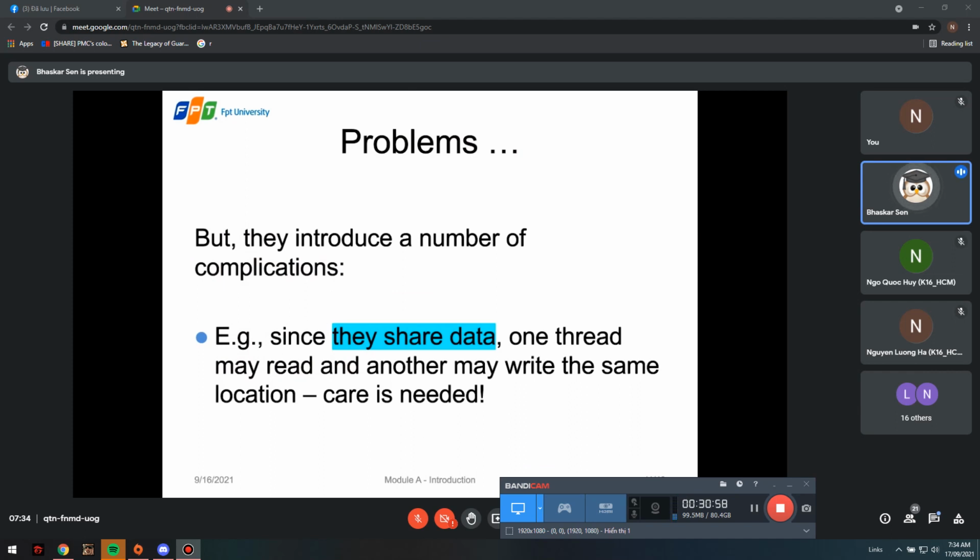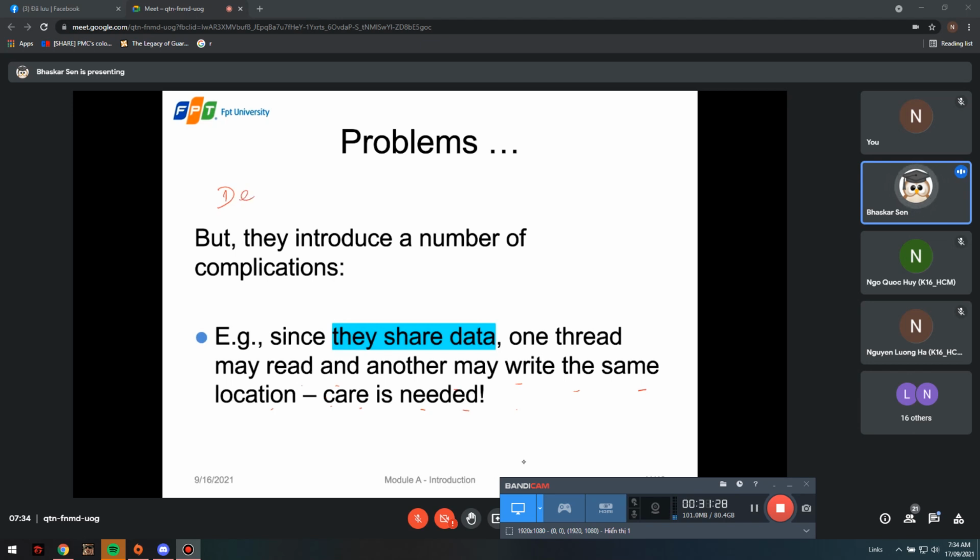One of the problems that I was talking about when I mentioned that they share data is a race condition. And that is what they're hinting at. There are a number of complications. Since the data is shared, one thread may read and another may write the same location, so synchronization is needed, especially whenever there's a dependency.